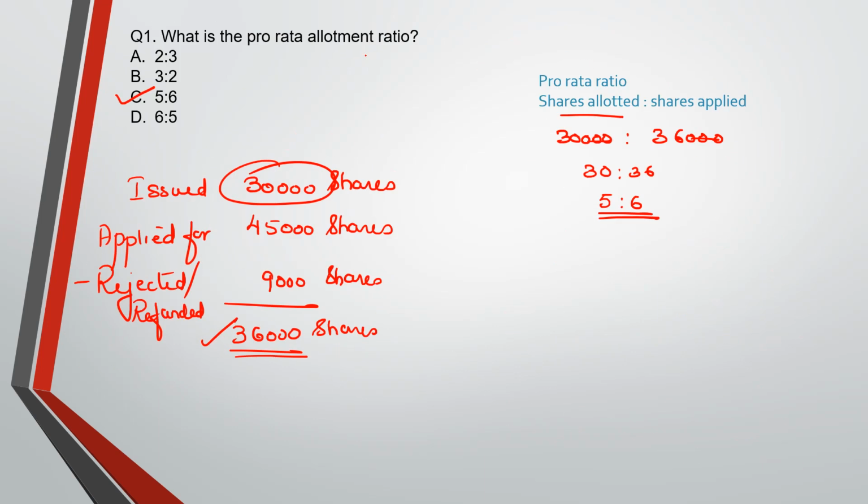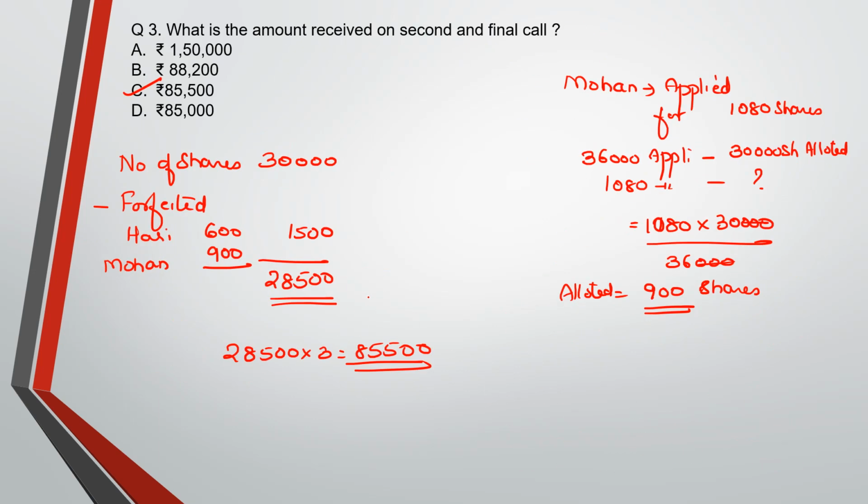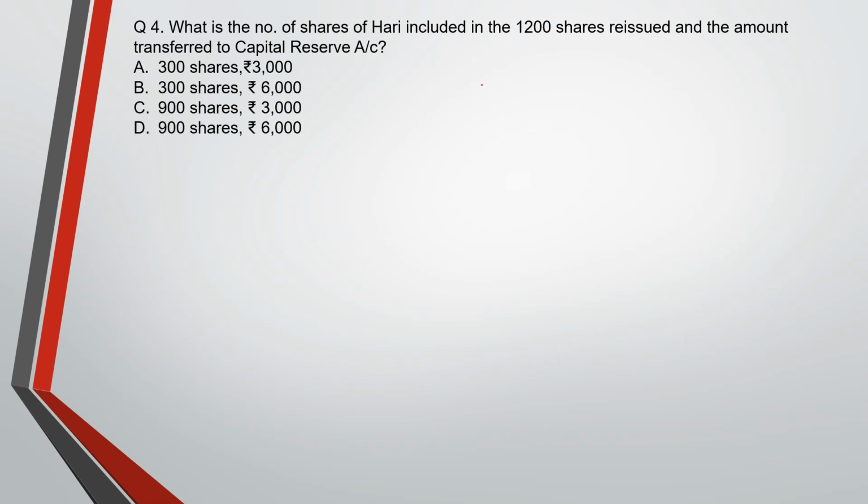Now, from the question we found that the number of shares which have been forfeited was 600 of Hari, and just now we calculated Mohan was allotted 900. However, 1,200 forfeited shares were reissued. So, the forfeited shares were Hari 600, Mohan 900.